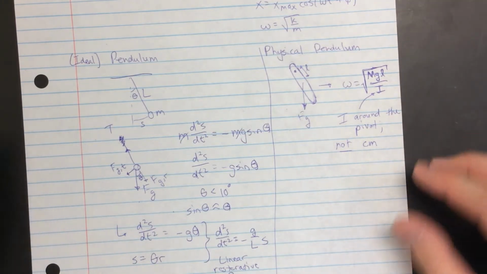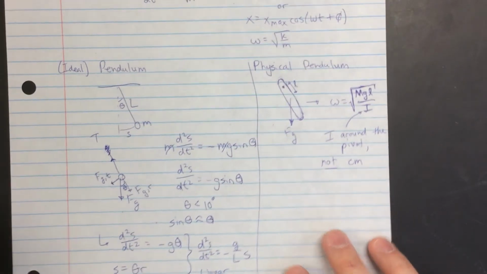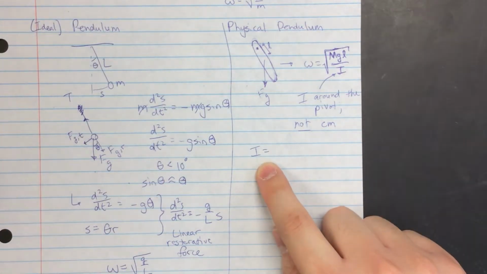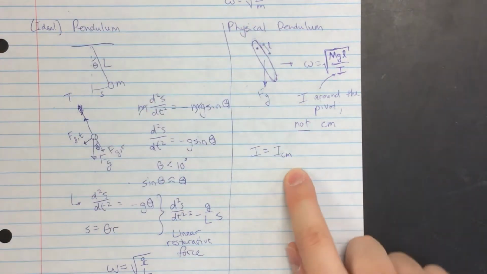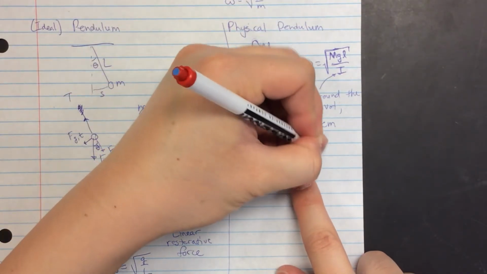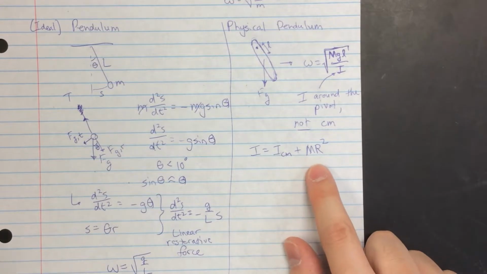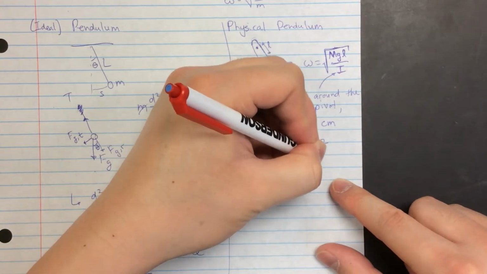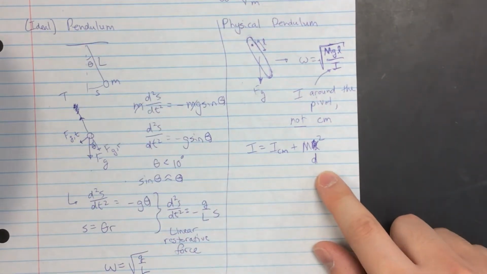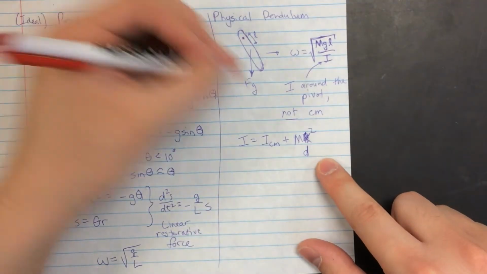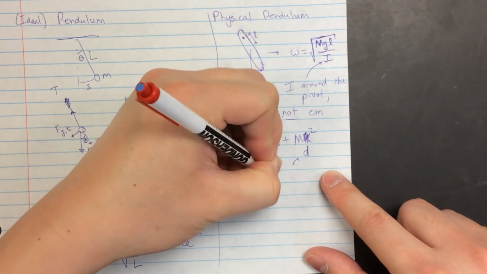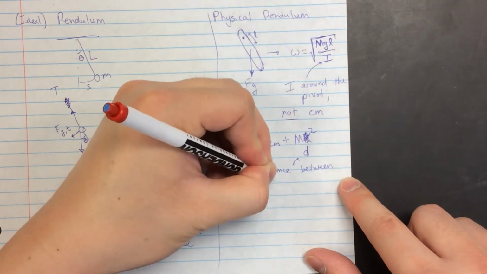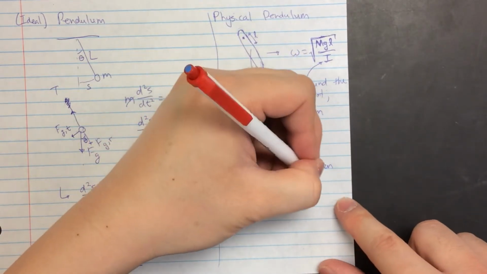Can you remind us of the parallel axis theorem? Yeah, the parallel axis theorem was that if you want to know the moment of inertia around some pivot, you take the moment of inertia around its center of mass, then you add to it the mass times, sorry, let me not use R, let me use D. M D squared, where D is the distance between the pivot and the center of mass.